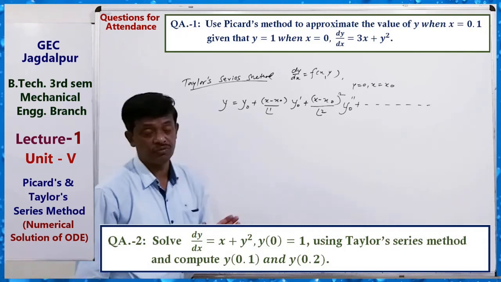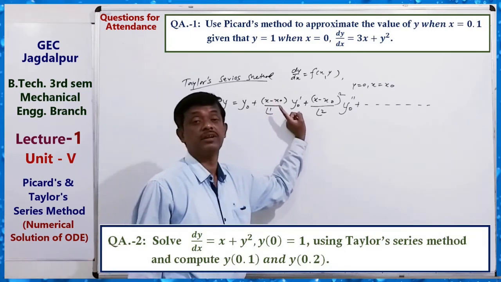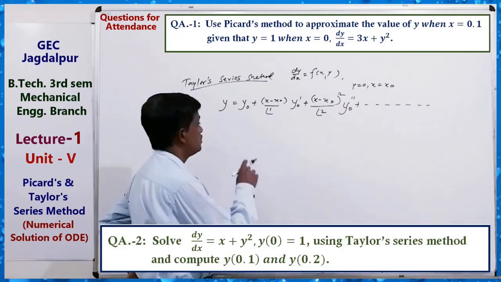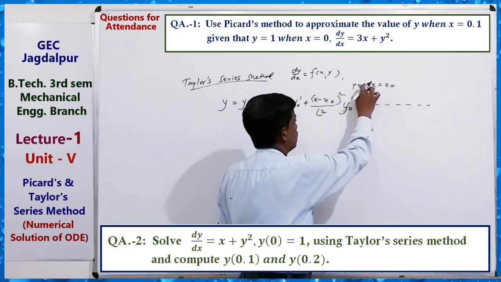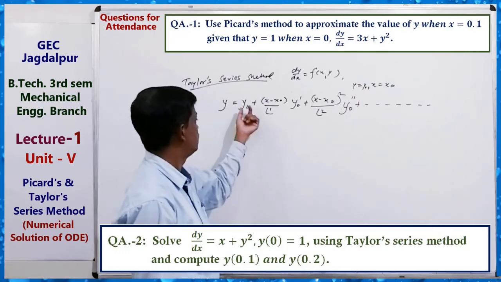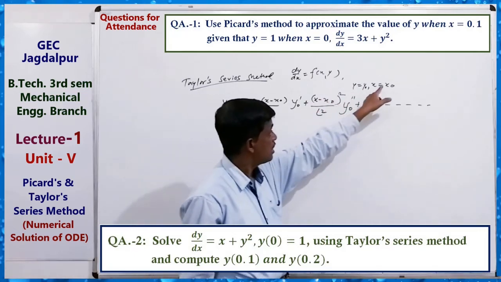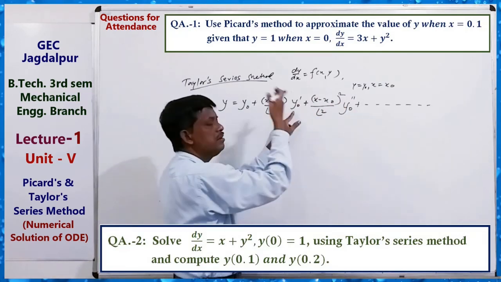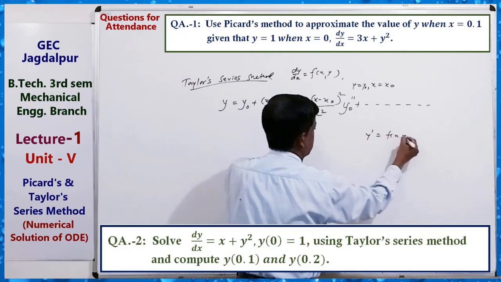For finding the series form, this is the expansion of the Taylor series about the point x equals x0. So just find y0, which is given initially. And for x equal to x0, we have to find the values of y dash 0, y double dash 0. That means derivatives. This is also given: y dash equals f(x, y).